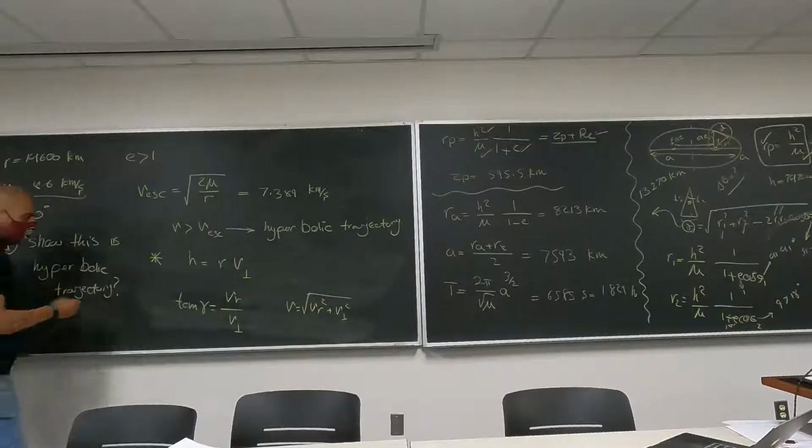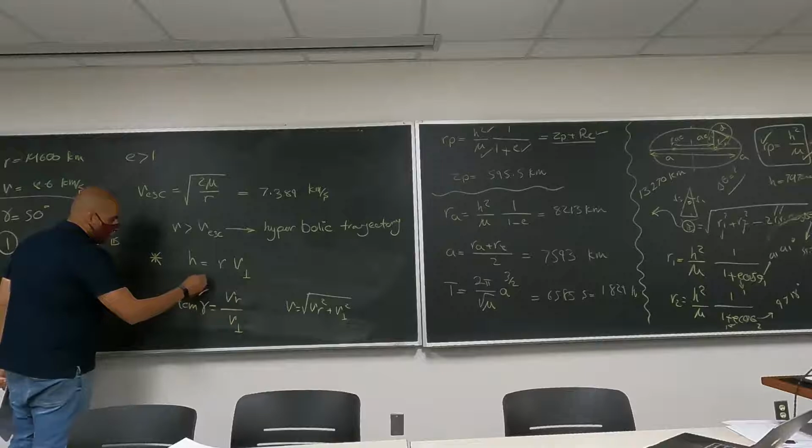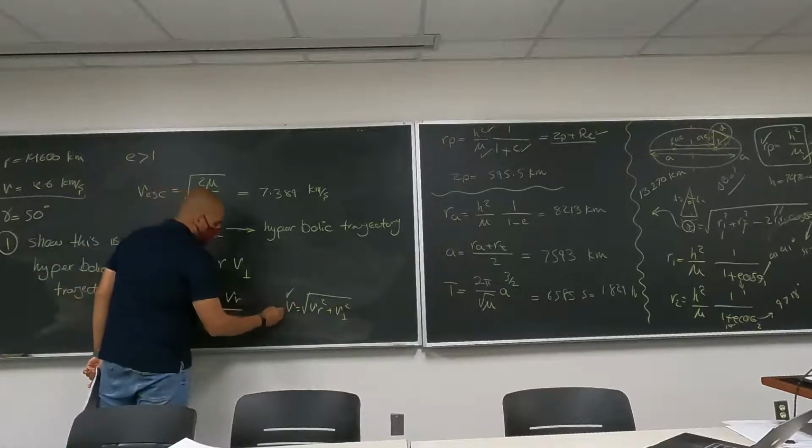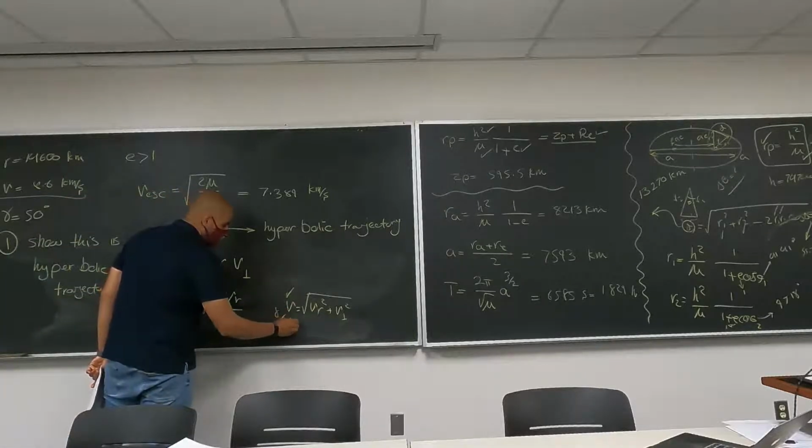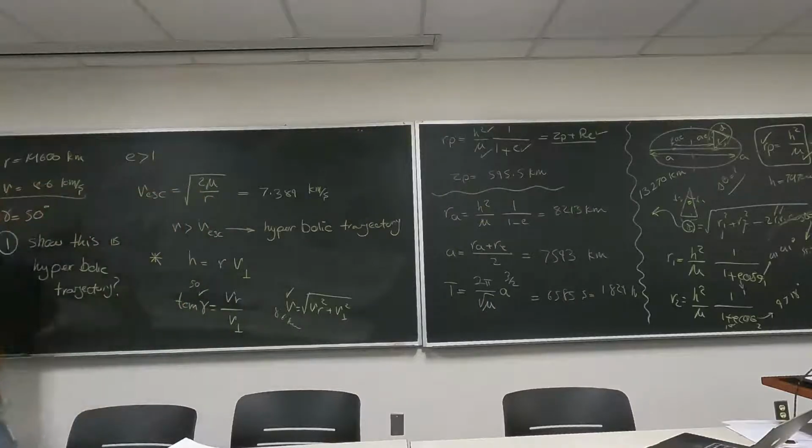We have the flight path angle, which is 50 degrees, and we have the 8.6 kilometers per second. We have two equations, two unknowns, so we can find the V radial and V azimuthal.